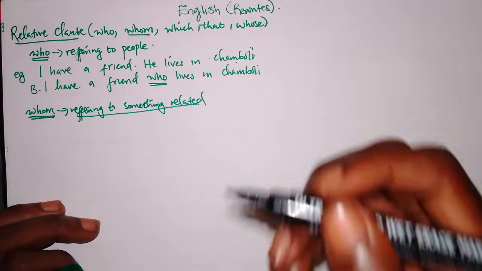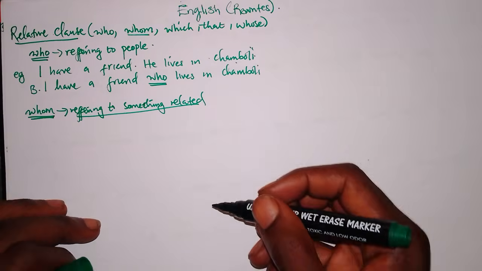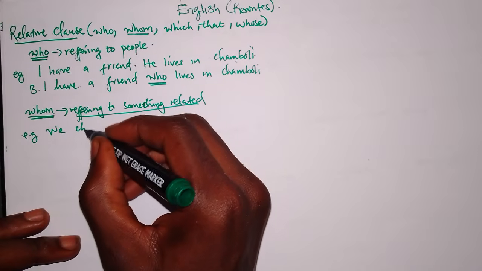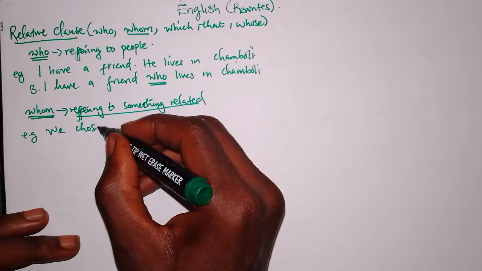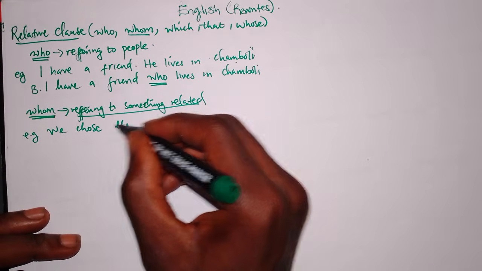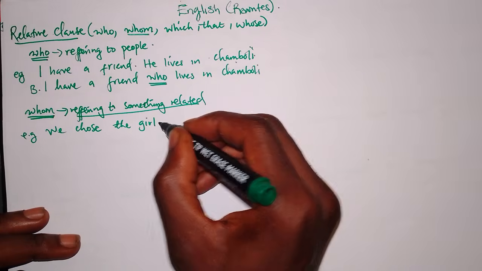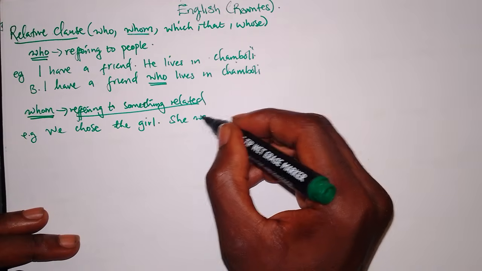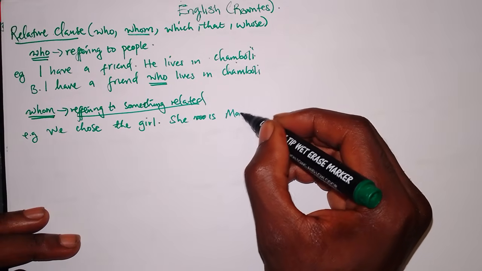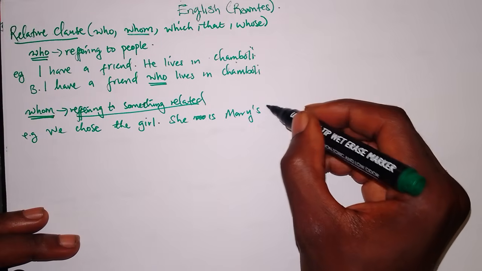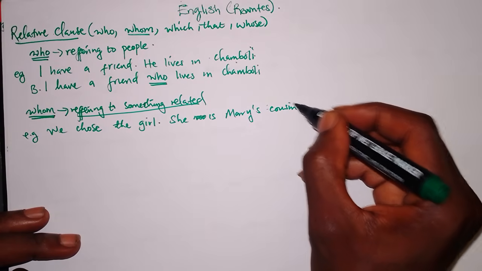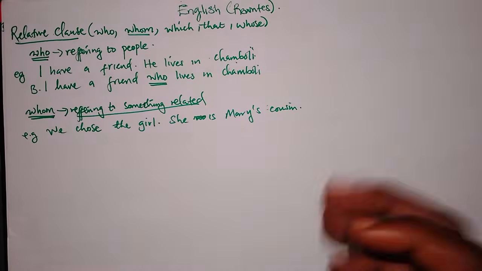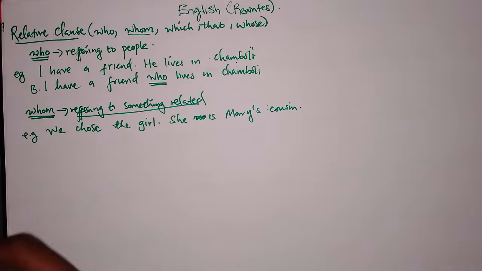An example I can give you is, let's say, we chose the girl. Full stop. Then she is Mary's cousin. Then they have told you to join these two sentences using this relative clause.